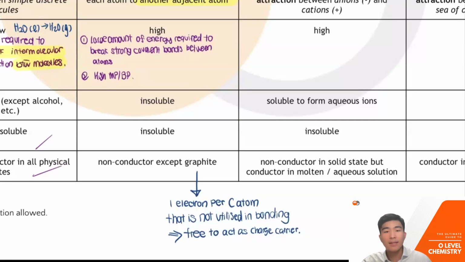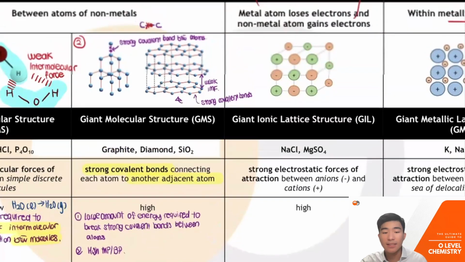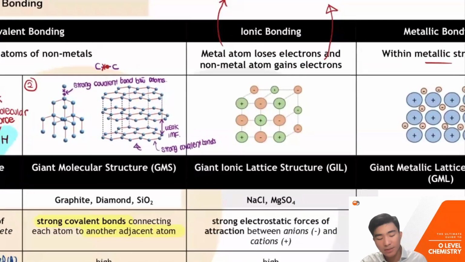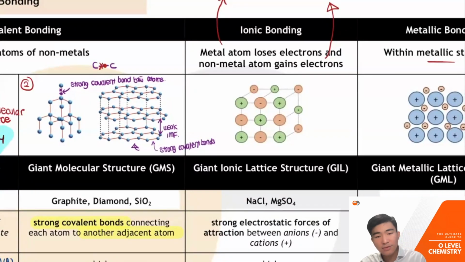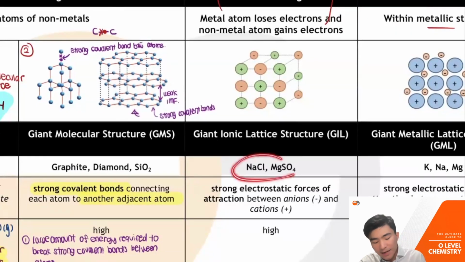With that understanding, let's go on to the giant ionic lattice structure. Under ionic bonding, the giant ionic lattice structure looks like this. Do you need to know how to draw this? No, you don't. Giant ionic lattice structure: NaCl, MgSO4, basically every ionic compound contains the giant ionic lattice structure.